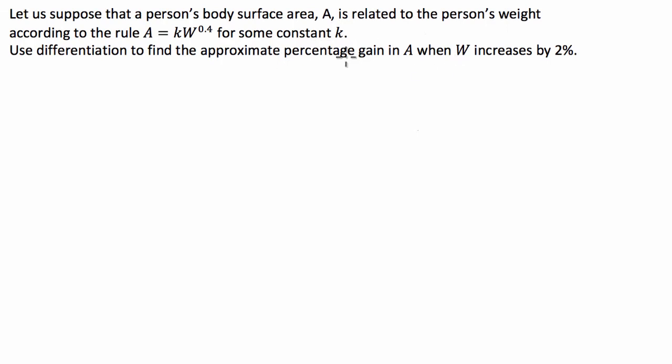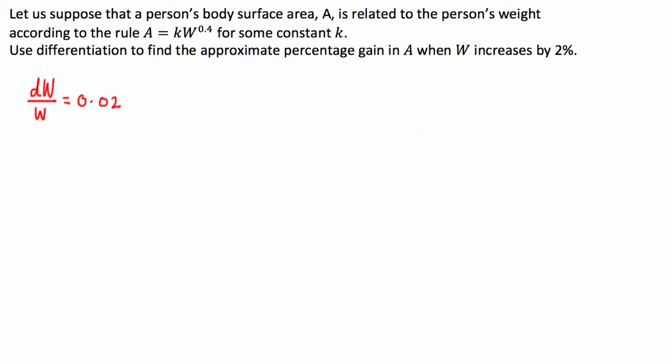Now we can use the language of calculus to express percentage changes, especially incremental percentage changes like these. The way we do this is we say that the change in W, or dW, over its original amount, or just W, is equal to, as a decimal, 0.02.